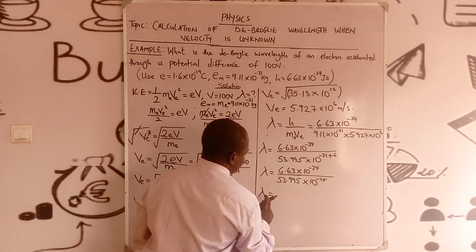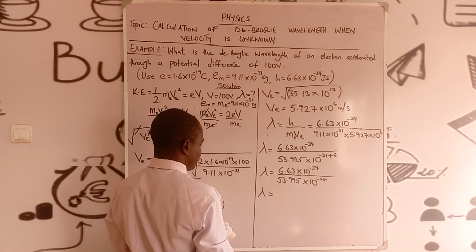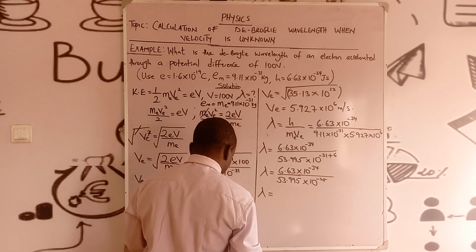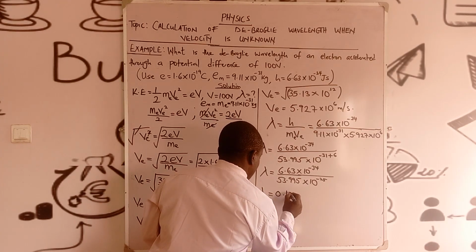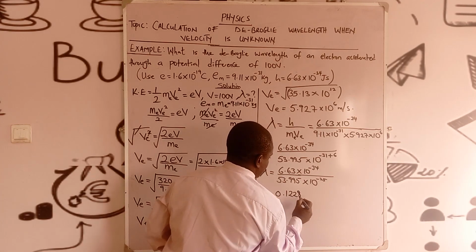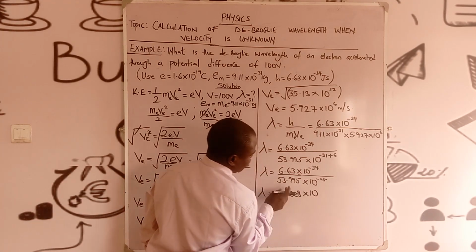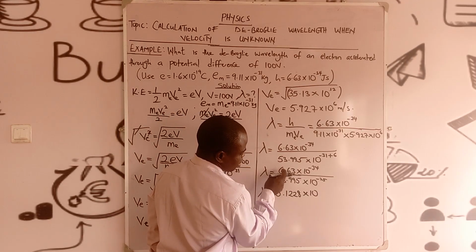So the de Broglie wavelength is 6.63 divided by 53.995. When you press your calculator, we are having 0.1228 times 10 to the power. We have looked for the division of these decimal numbers.